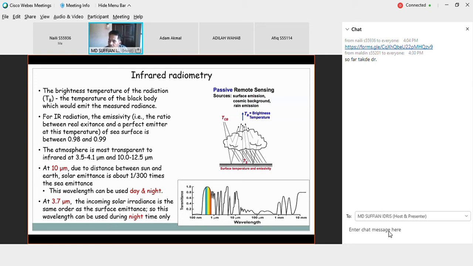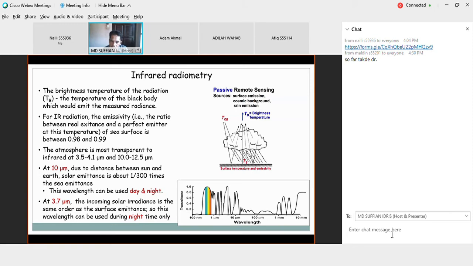Waktu siang, infrared radiation dia lebih banyak, lebih tinggi, so dia ada impact in terms of brightness temperature. You tak boleh nak ukur temperature sebab dia tak datang daripada surface, dia mungkin datang daripada solar radiation.